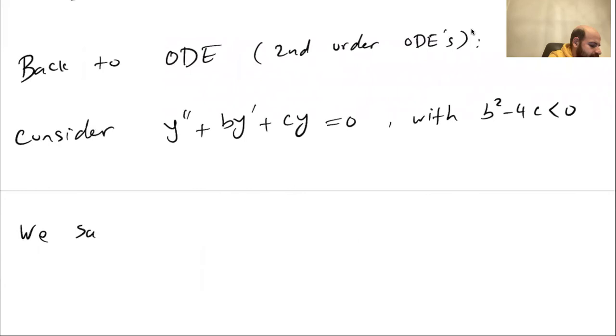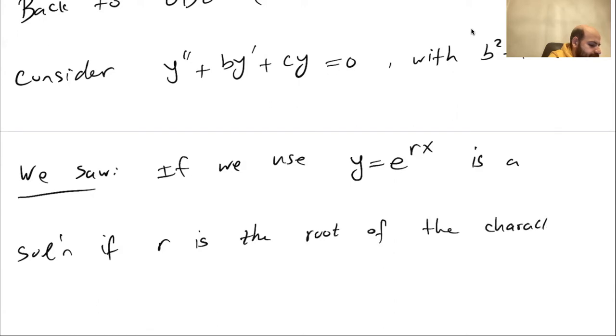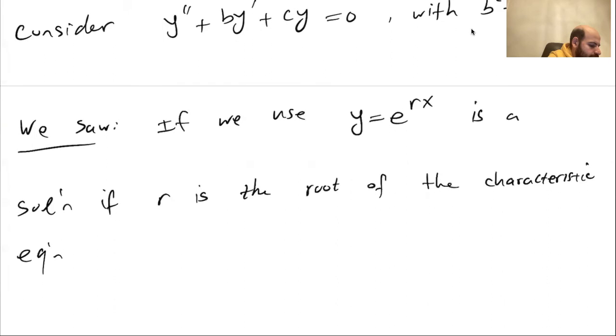So we saw if we use y equals e to power rx, it is a solution if r is the root of the characteristic equation r to power 2 plus br plus c equals 0.